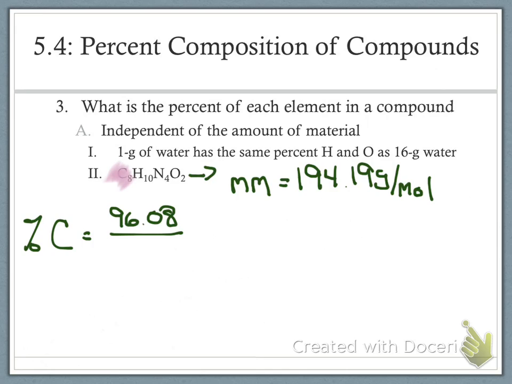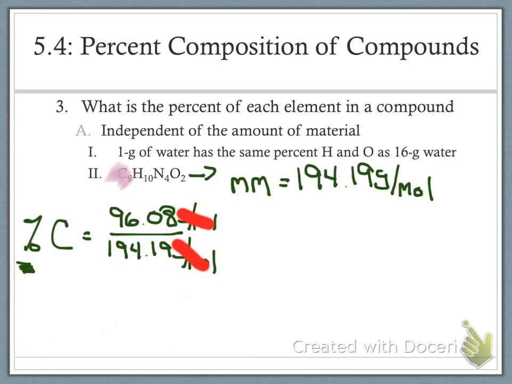You divide that by the total molar mass of the compound, so that's 194.19 grams per mole. And both of these are grams per mole, by the way, and that will show you that they actually do cancel out. Okay, always unit analysis, right? It's always a good way to go about things.